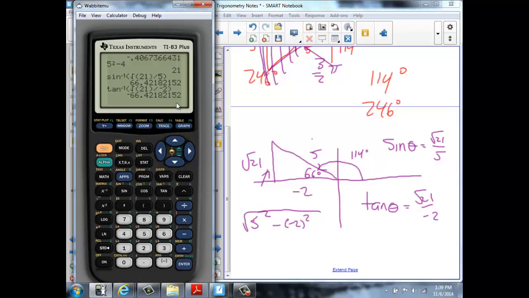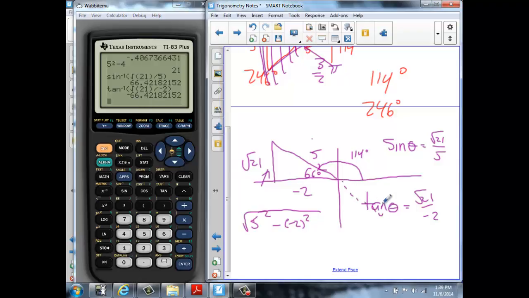So that 66.42 actually means your calculator found an angle down in this quadrant here. Well, you asked it to find an angle where tan was negative. Tan can be negative here, but tan can also be negative here, and it just chose a different angle to solve for. So you just have to recognize that that -66 just means this guy right here is 66, and work backwards to solve for 114.